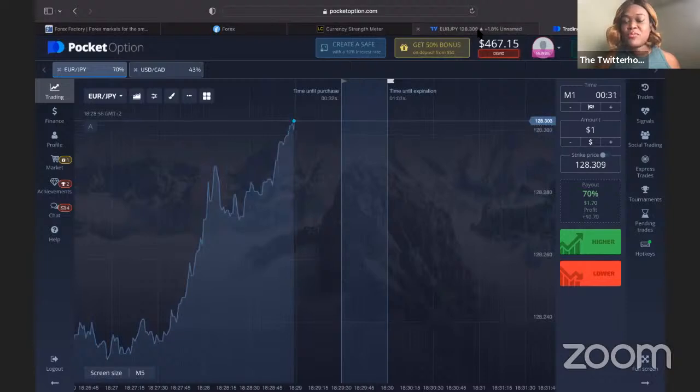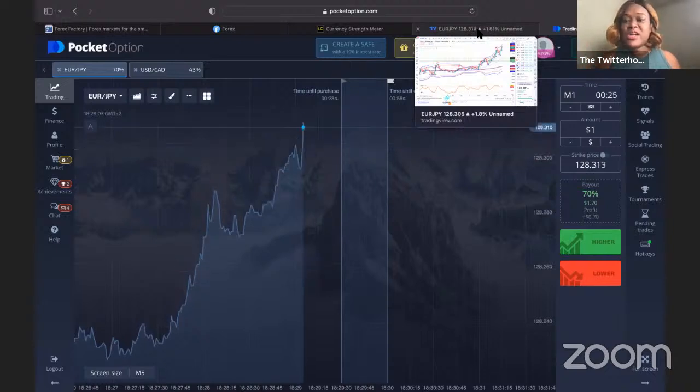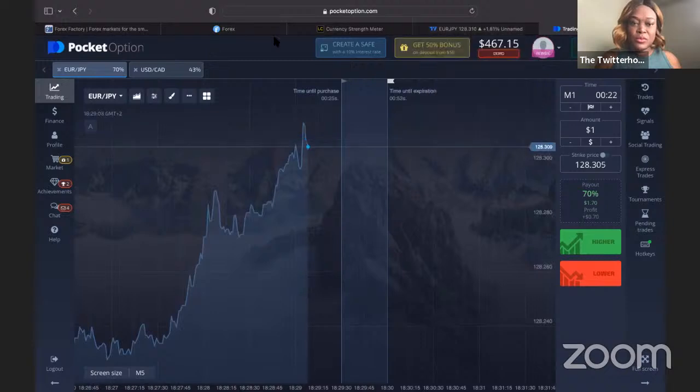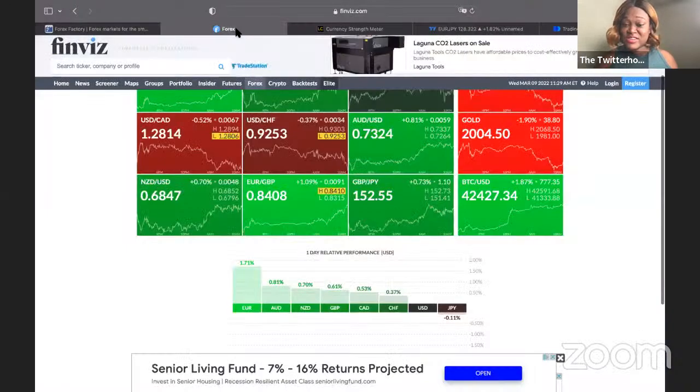It's too overbought. So when I'm taking trades, they say you should trade with the trend, right? So we know that we're supposed to be looking for buys on Euro JPY because of how amazing this looks, right?